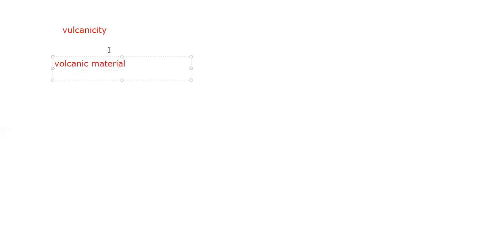We'll be looking at the types of volcanoes, and we'll be looking at the types of magma. So these are the three main objectives of this video. First, we'll be looking at volcanic material.